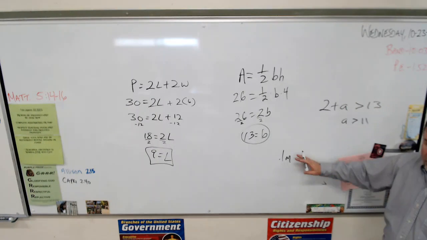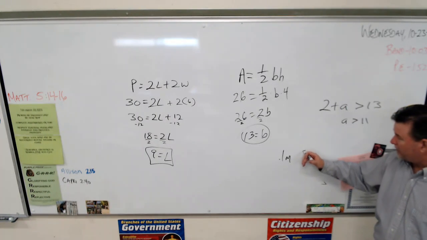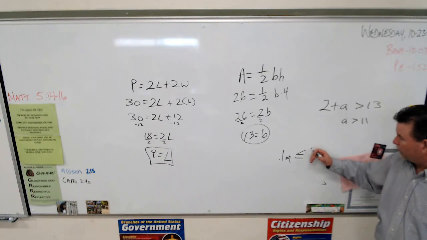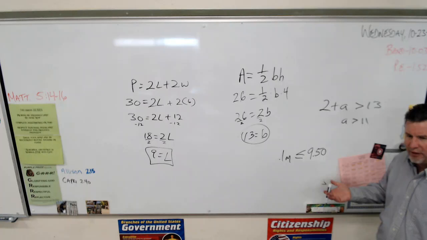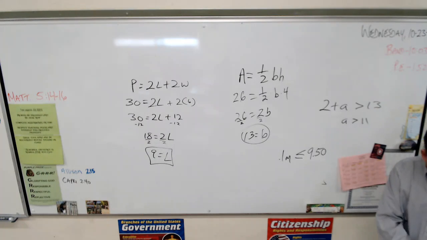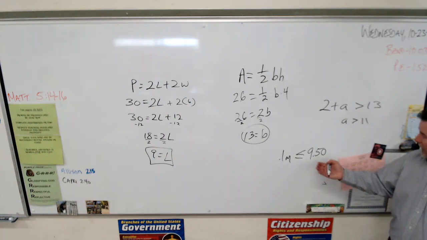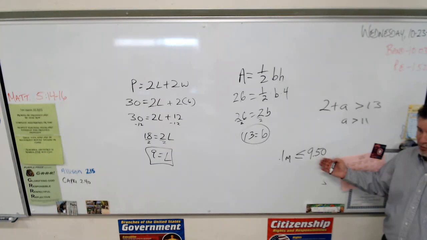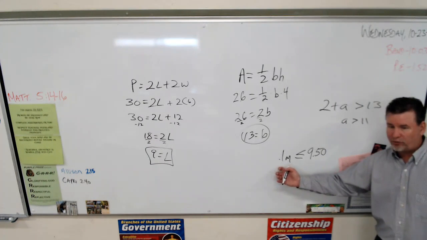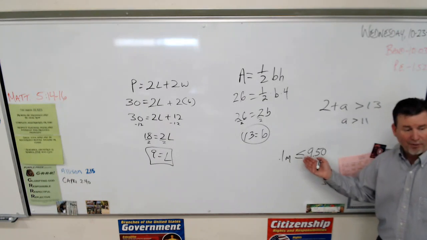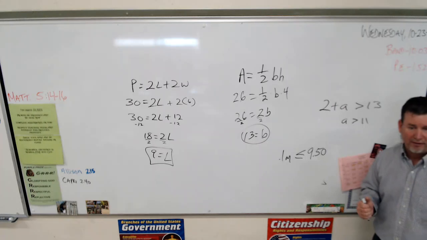So I have to keep this less than or equal to $9.50. Read the paragraph again. I've got $9.50 total to use. It's going to cost me 10 cents for each minute. I have to keep that less than or equal to how much I have to spend.